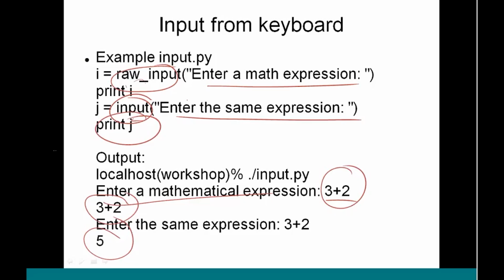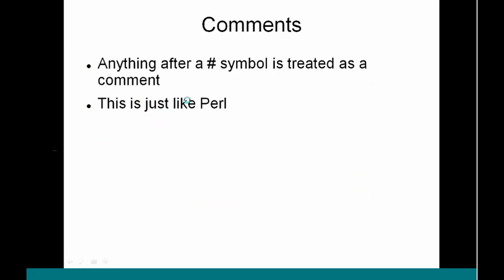The raw_input just copies whatever you type exactly as is into the program, whereas if you use input, it evaluates the expression first and then puts the result into the variable.